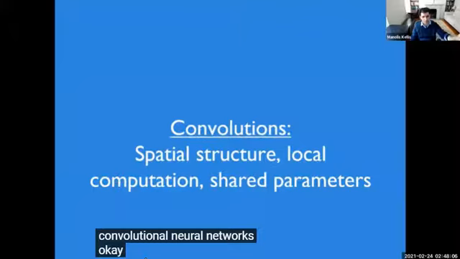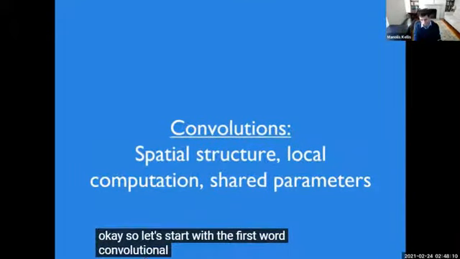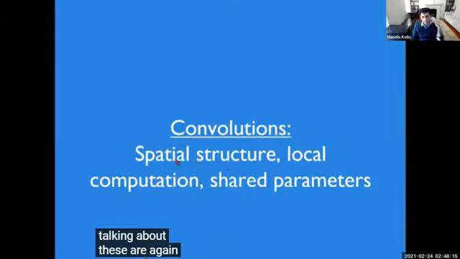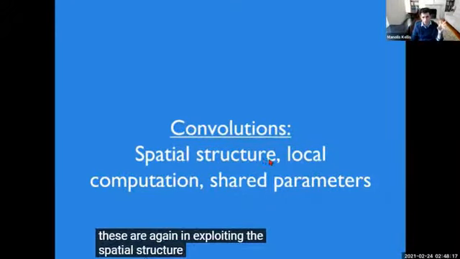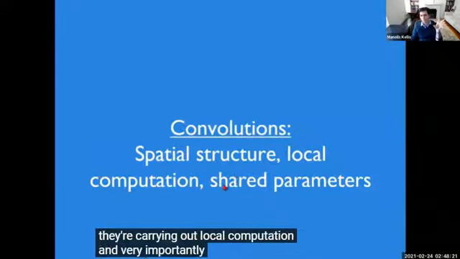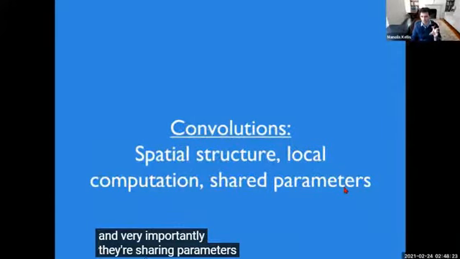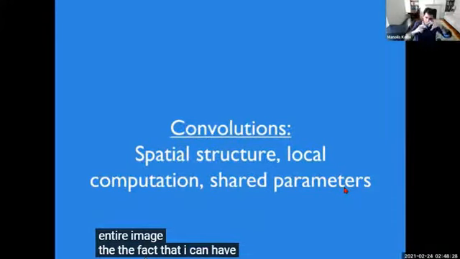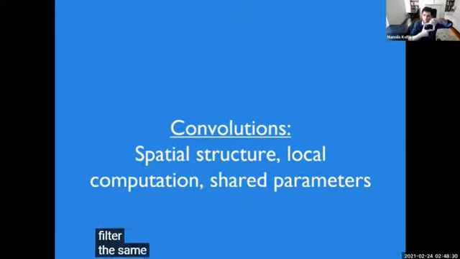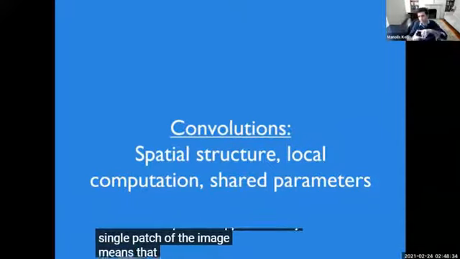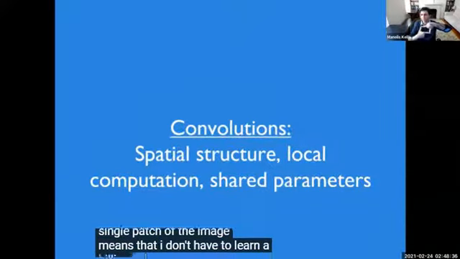Okay, so let's start with the first word, convolutional neural networks. So what are these convolutions that we've been talking about? These are, again, exploiting the spatial structure. They're carrying out local computation, and very importantly, they're sharing parameters across the entire image. The fact that I can have the same filter, the same computation applied to every single patch of the image means that I don't have to learn a billion parameters.